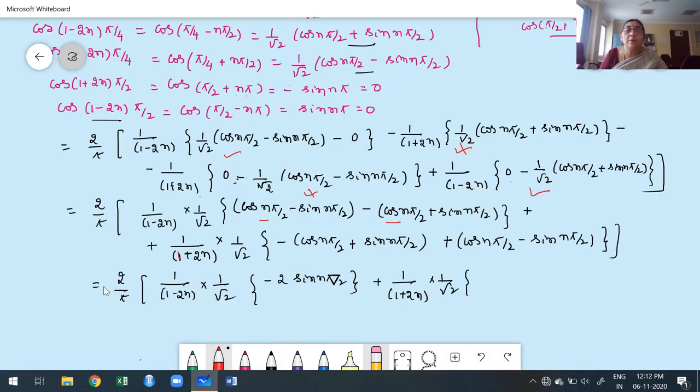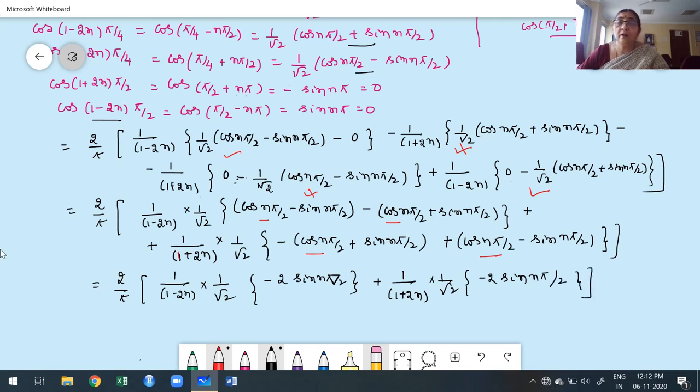Now I have to simplify this. Minus cos n pi by 2 minus cos n pi by 2 is cancelled. What's the remaining? Minus sin n pi by 2, minus sin n pi by 2, minus and plus cancel, minus minus we have to add. What do we get? Minus 2 sin of n pi by 2. Okay.